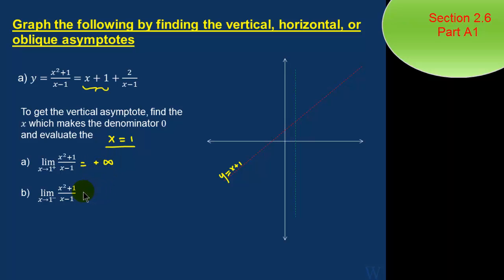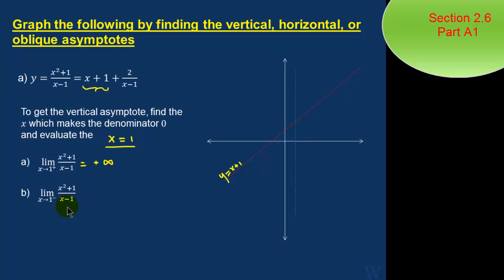Now, on the other hand, if we evaluate the limit of this ratio as x approaches 1 coming from the left, what would be numbers that we can approach 1 from the left? Say 0.9, 0.99, 0.999, etc. On the top, it remains positive because you square that, it's close to 1, and 1 squared plus 1 is 2.